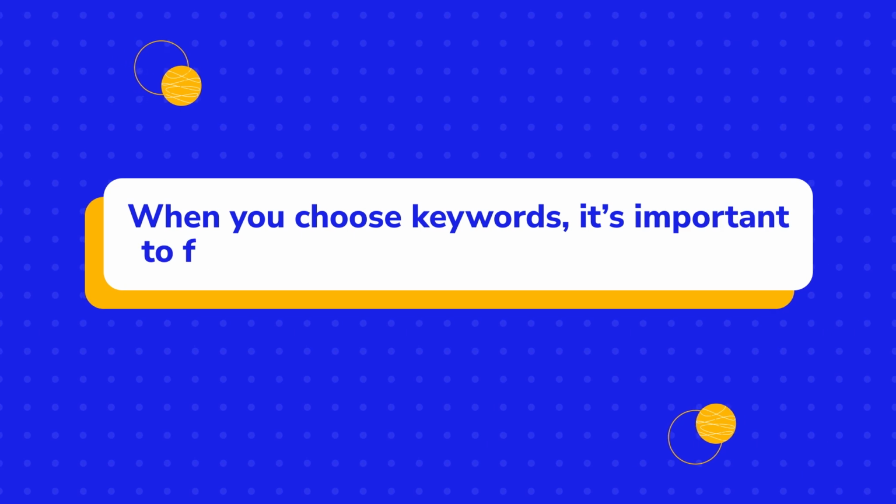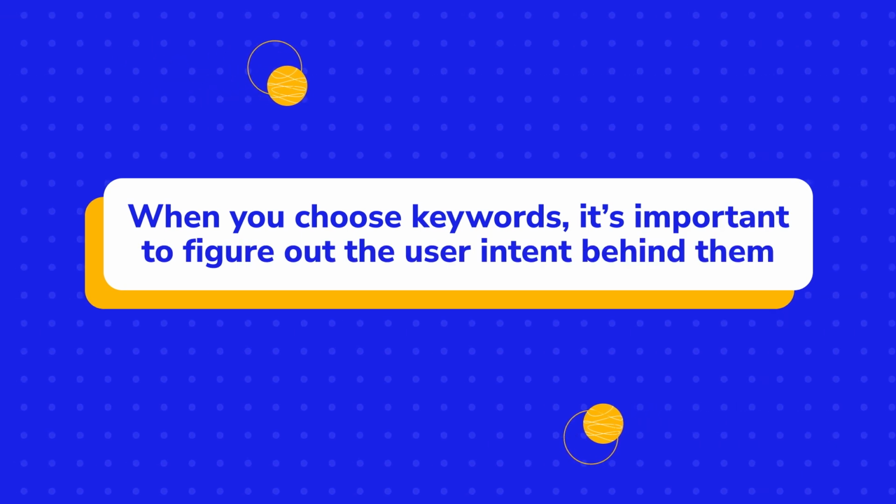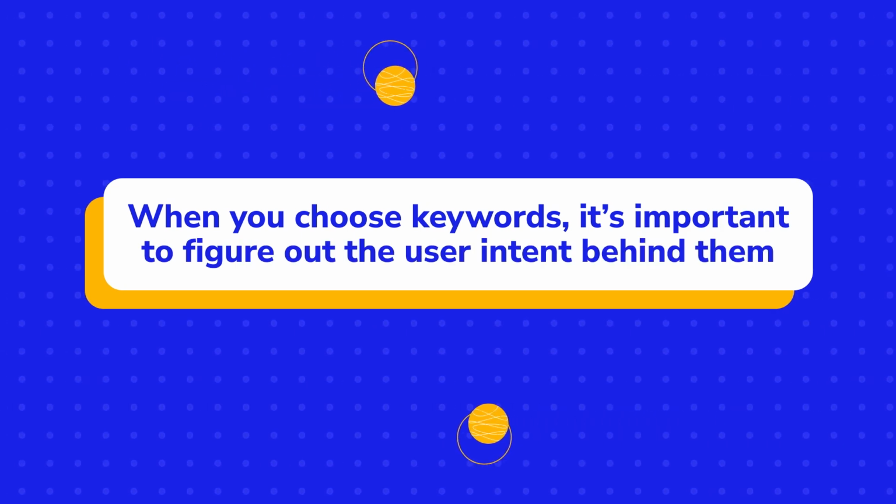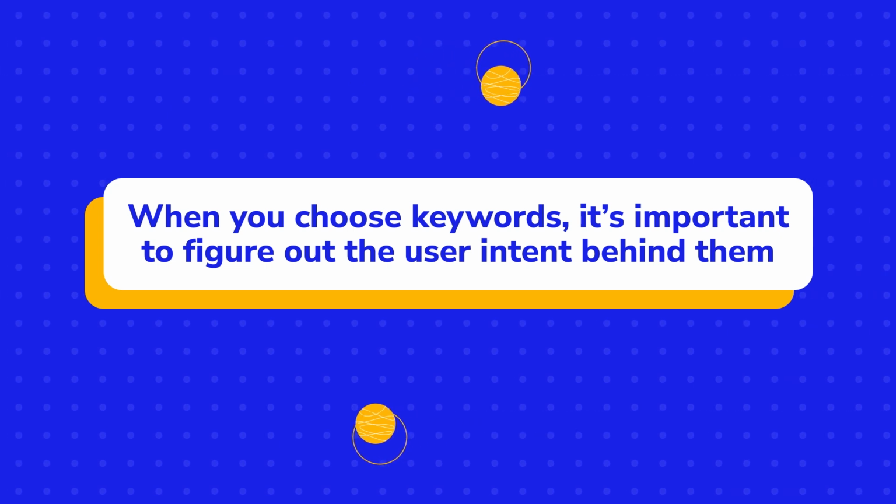Now, when you choose keywords, it's important to figure out the user intent behind them. Sometimes this might seem obvious to you, but it's always a good idea to check. So the easiest way to check user intent is simply to go to Google and type in the search term. Let's say you want to target the keyword beautiful flowers, and you're planning to use it on a transactional page with one of your most expensive bunches of flowers.